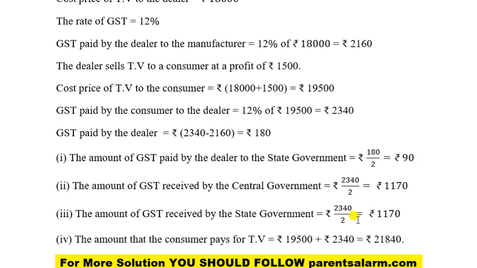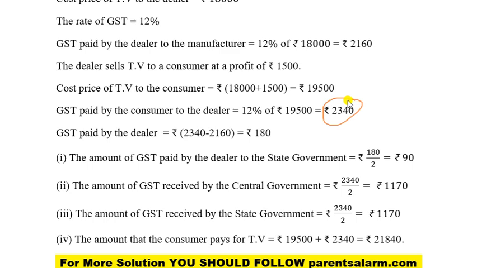Now next question, the amount of GST received by the central government. See here it is not given paid by the dealer or paid by the shopkeeper or paid by the manufacturer. It is written the amount of GST received by the central government. How much will the central government get in total ultimately? We already got the total amount of GST, that is 2340, because at the last the consumer paid this amount.